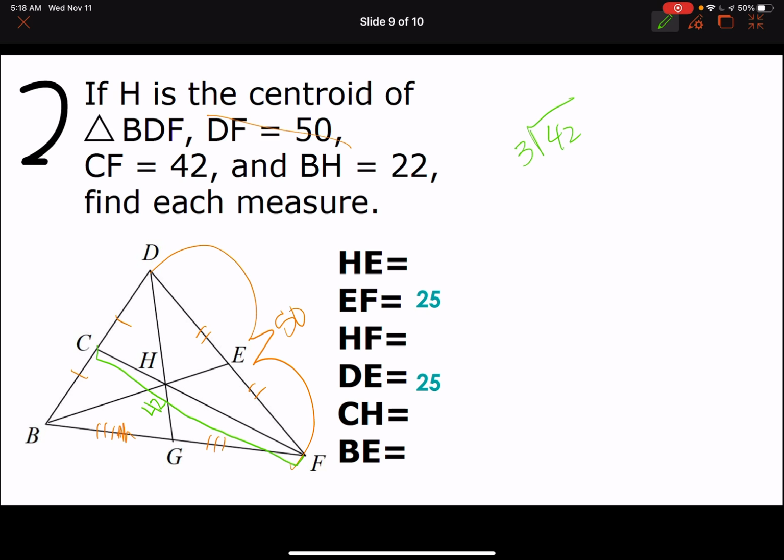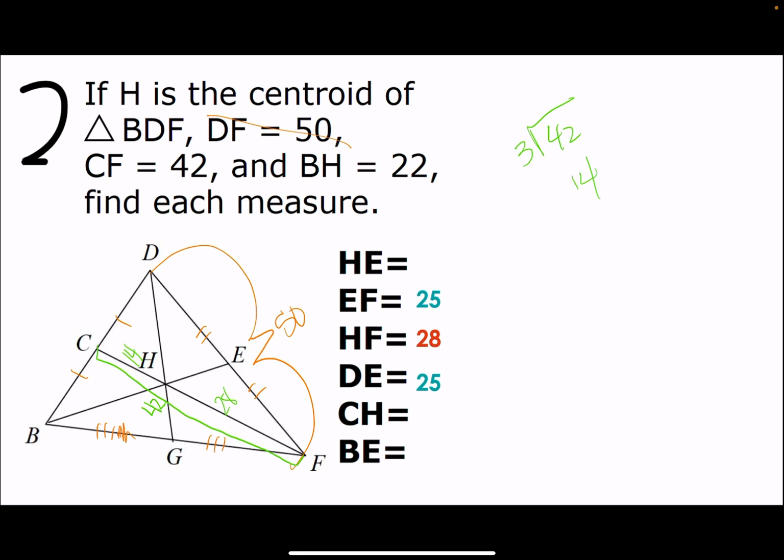And when you do that, you get 14. So CH is 14. And 14 times 2 is then going to be that 28. All right. And look, we've also got CH in there, so we can fill that in.